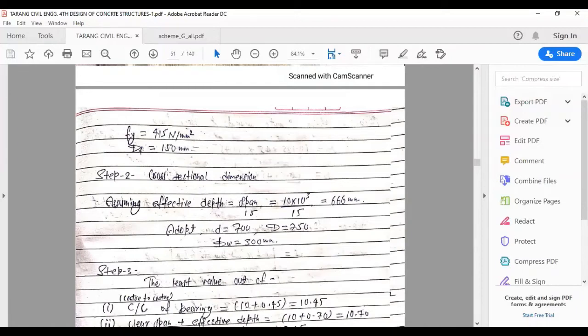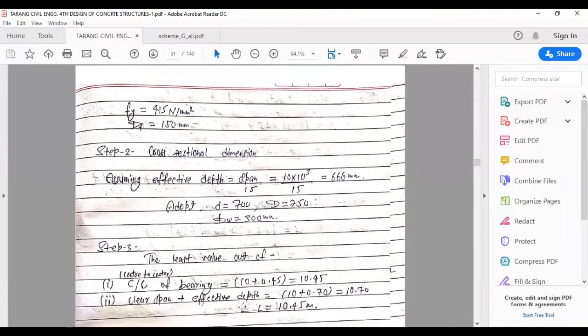Now, step 2 is to find the cross-sectional dimension. For that, we will assume effective depth as span upon 15, because we have studied that it ranges from span upon 10 to span upon 15. So we'll take span upon 15 in this case, and it comes out to be 10 into 10 to the power 3 upon 15, because the span is 10 meters, and it comes out to be 666 mm.